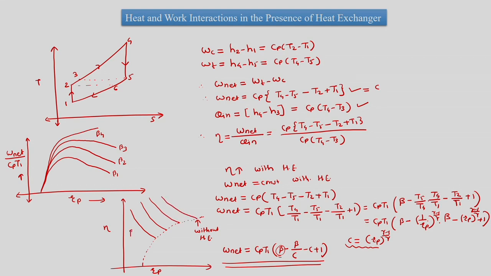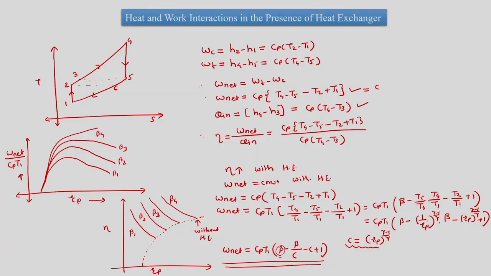This efficiency is for beta 1, beta 2, beta 3, beta 4. So at higher Rps efficiency would decrease. So at lower Rps only we can use the heat exchange process, and that limiting Rp depends upon beta. So this is the understanding from the Brayton cycle with heat exchanger.